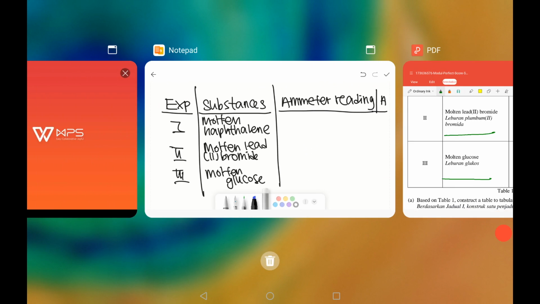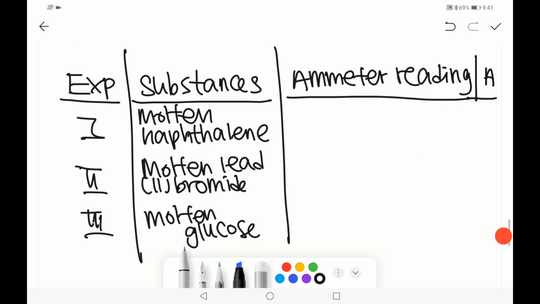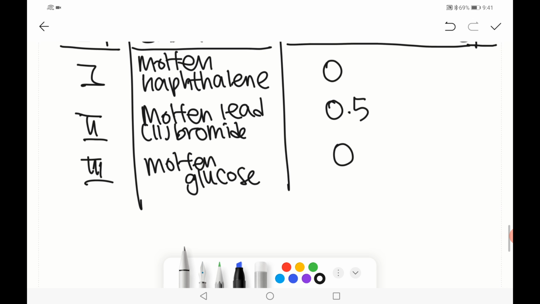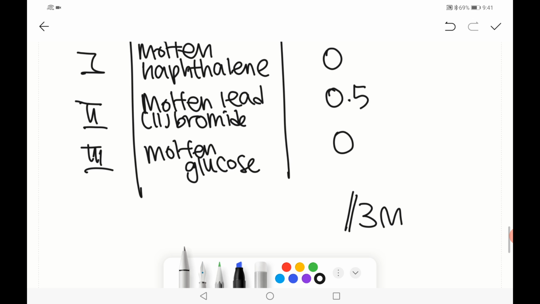So if you transfer to the table, you write 0, 0.5 and 0. The total full mark is 3 marks. So guess how many marks you can get over here? You are not getting 3 marks, you only get 2 marks. So why do you only get 2 marks? Because of decimals.